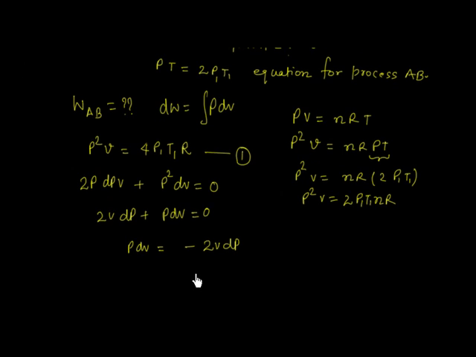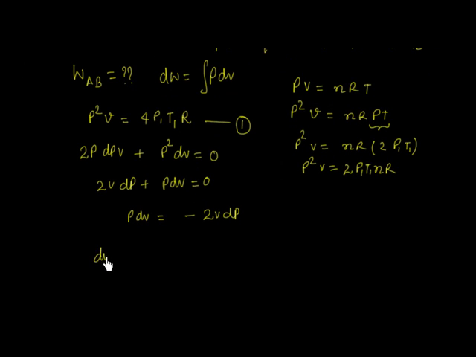So let us try to find work done. dW is nothing but integral P dV, and this is minus 2V dP. So I have to do some more calculation. You see I have V, but here I have dP. So I have to change this V in terms of P. So what can I do? I have this equation here.